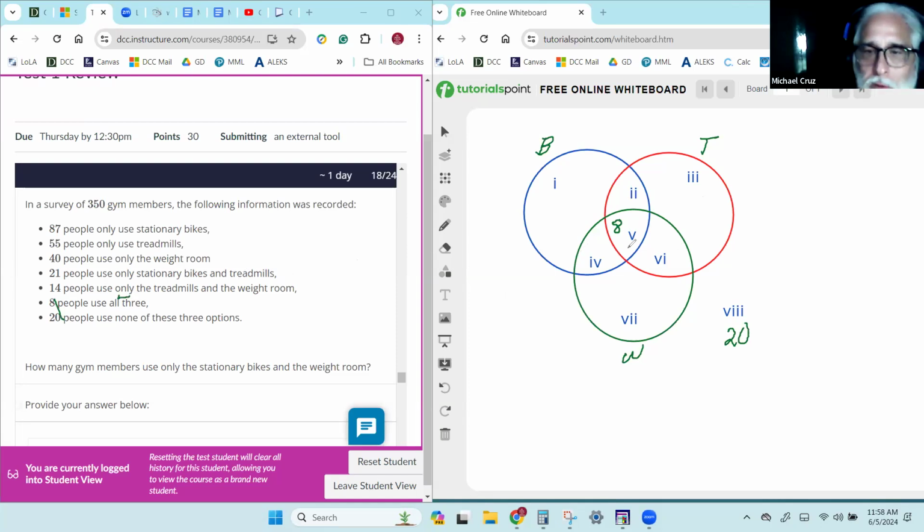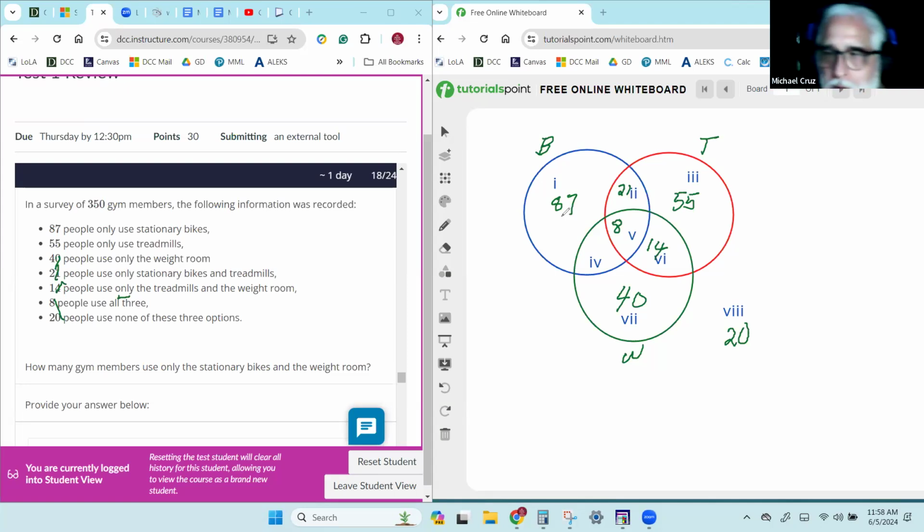It does say only, so we don't need to subtract. 21 use only stationary bikes and treadmills. 40 use only the weight room. 55 use only treadmills. And 87 only use stationary bikes.